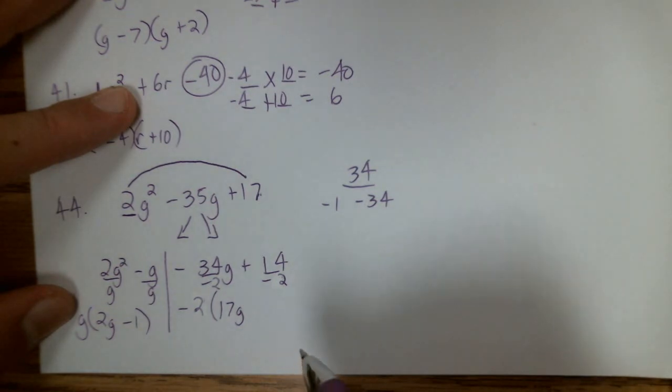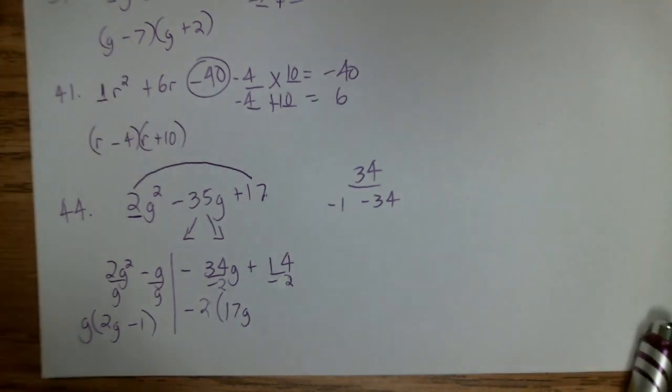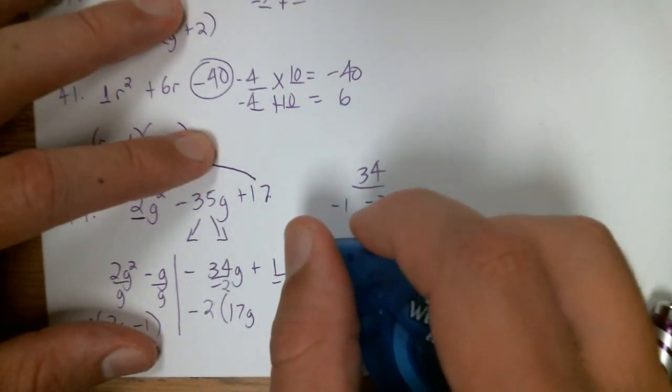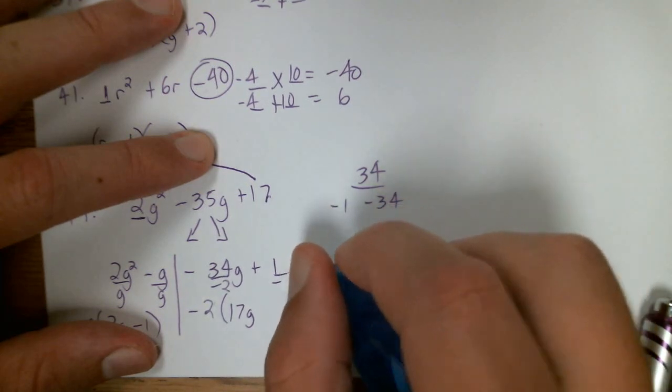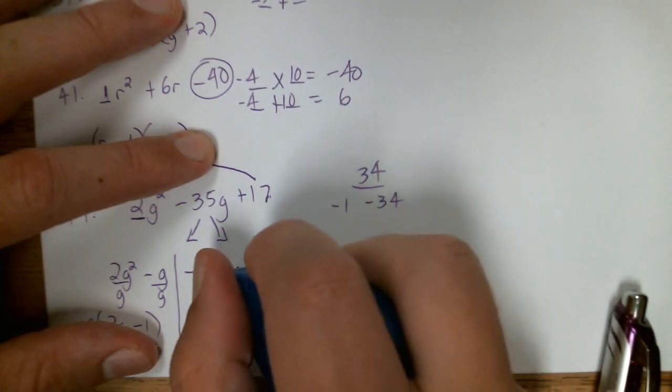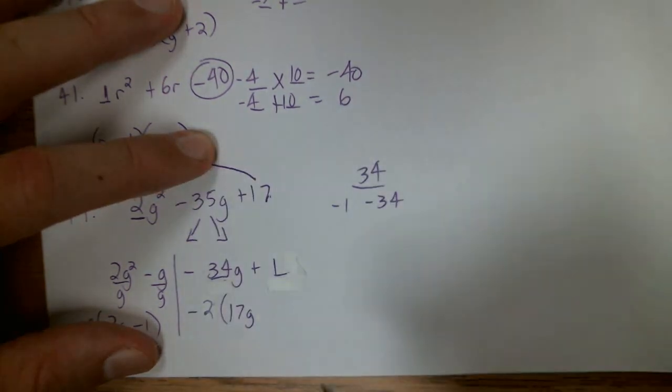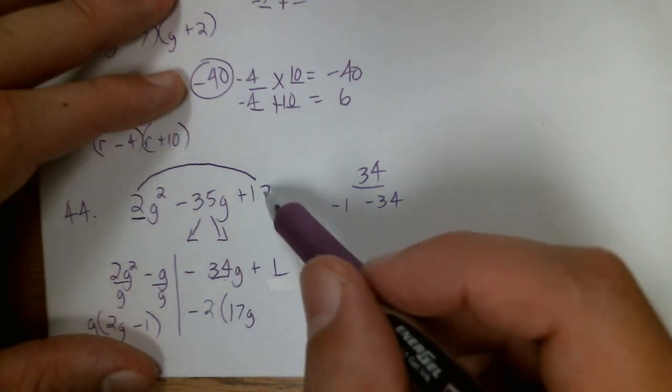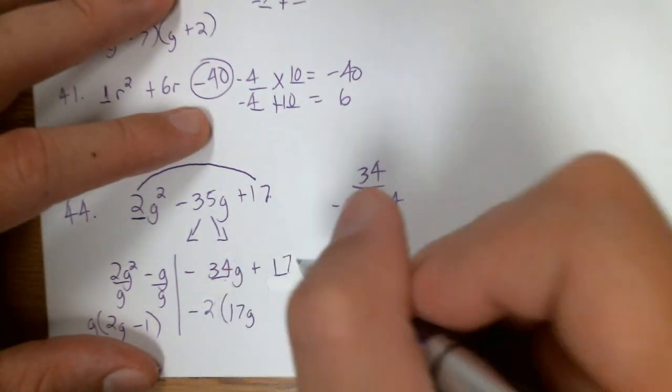Oh my gosh. Okay, sorry guys. I see what happened. I'm confusing myself here. You guys are probably watching this thinking, what in the world is this man doing? I didn't bring this down correctly. This is supposed to be a 17.